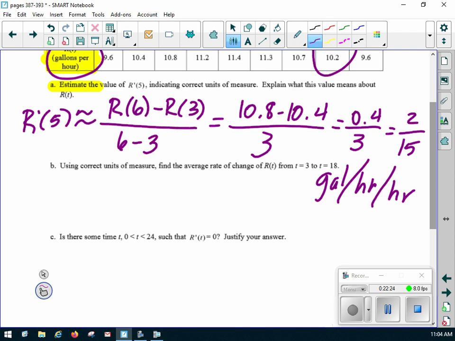So you know what I'm talking about. If I'm speeding up, then my speed, which was in miles per hour, is increasing at a rate of 5 miles per hour. So it's miles per hour per hour.